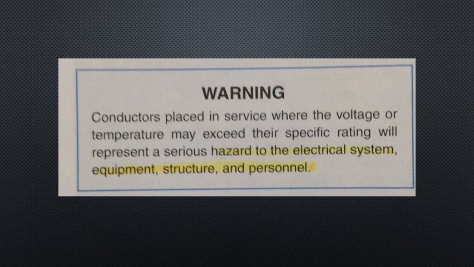Just to read the warning before that: conductors placed in service where the voltage or temperature may exceed the specific rating will represent a serious hazard to the electrical system, equipment, structure, and personnel. And some of the general rules are, first, whether in cable or single individual units, conductors should be used within the voltage and temperature range for which they are designed.